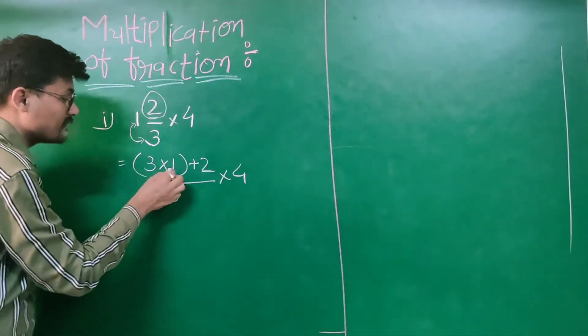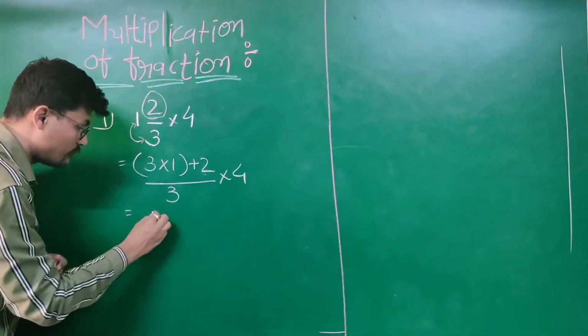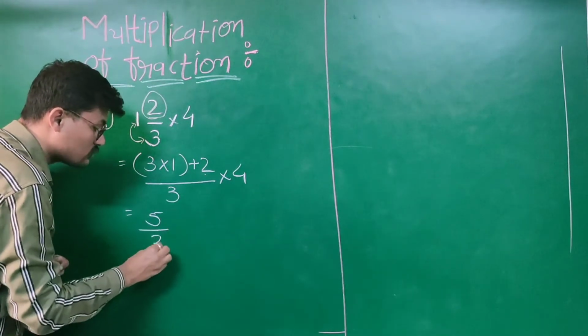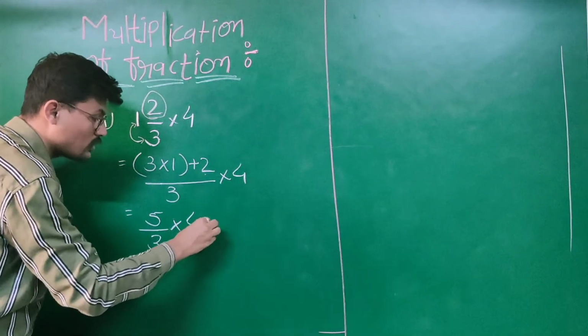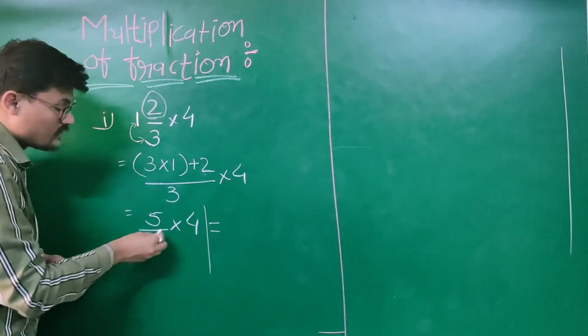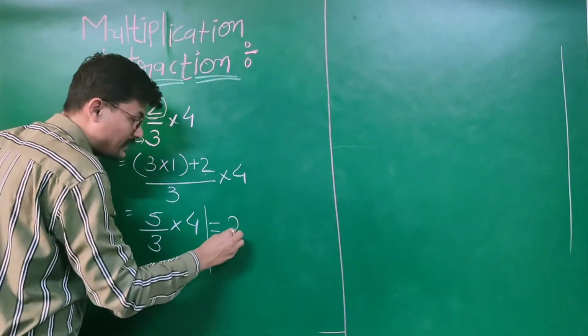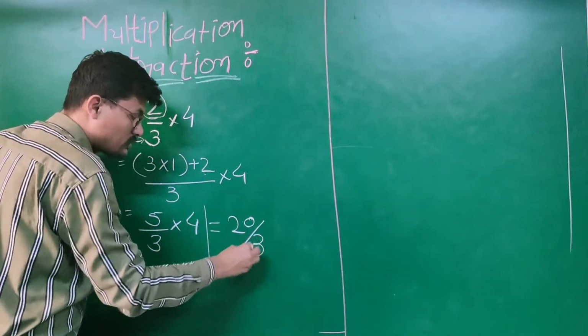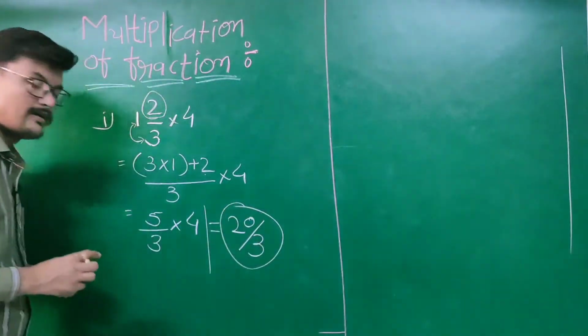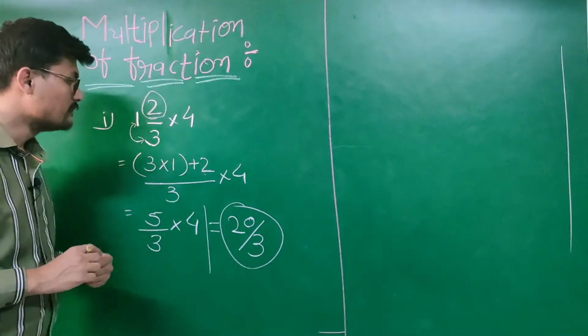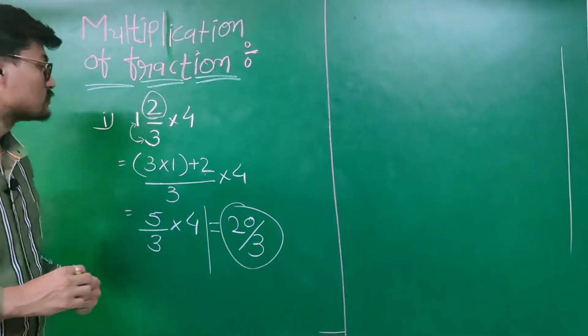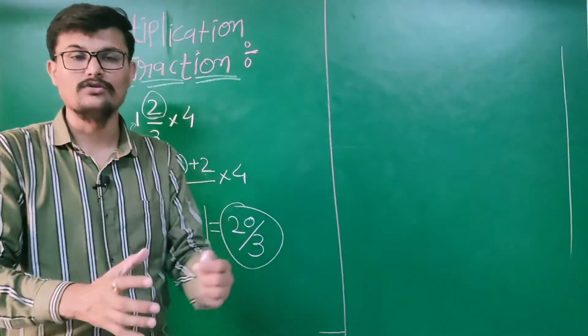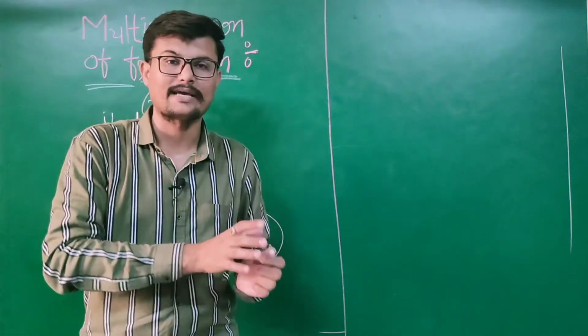Now 3 ones are 3 plus 2, 5 upon 3 into 4. So 5 4s are 20 upon 3. This is our answer.